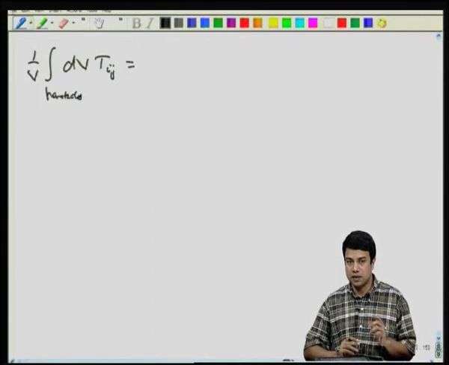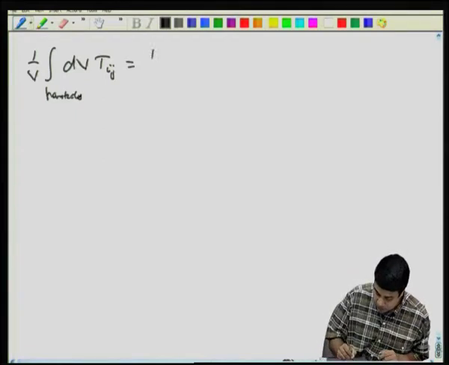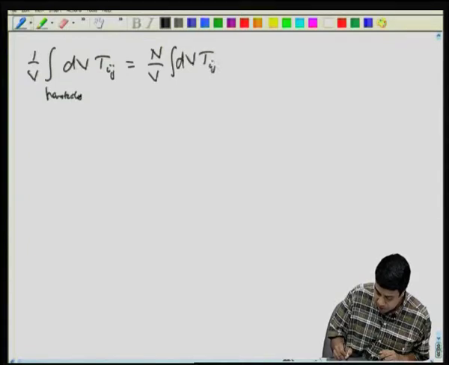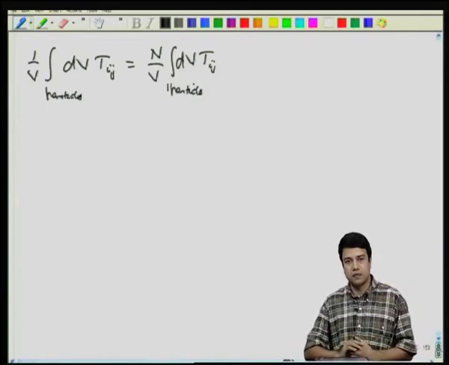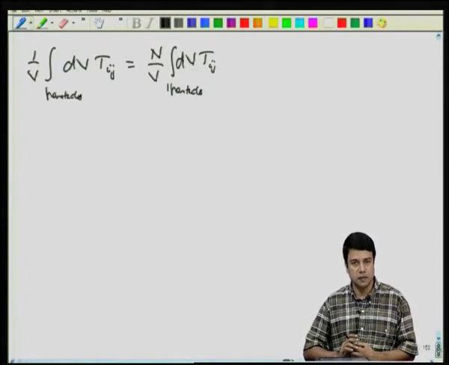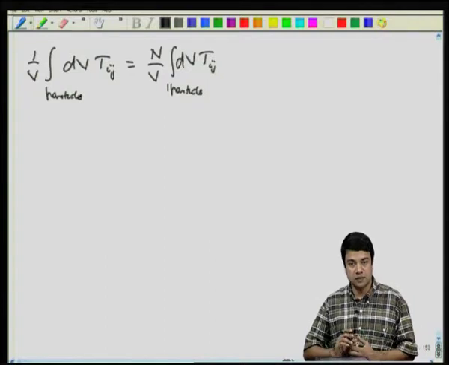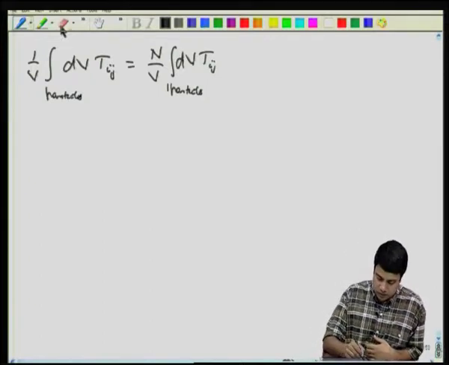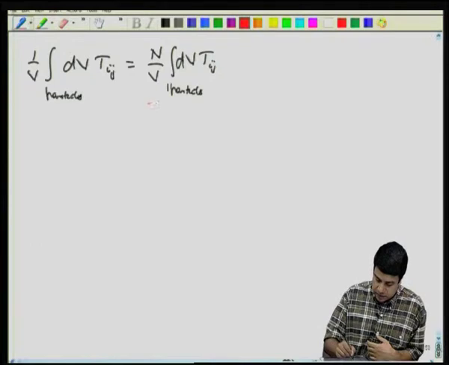That means the integral over all n particles of dV times T I j is going to be equal to the number of particles per unit volume times the integral over one particle of dV T I j, because all of these particles are in a macroscopic flow field in which there is some symmetric traceless deformation taking place, because of which you are getting a net contribution to the stress within the particles.